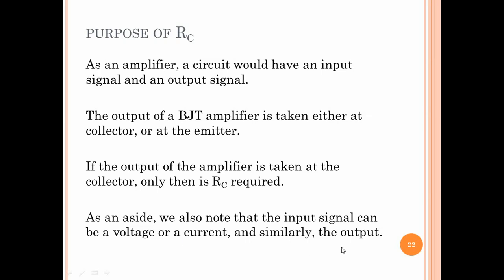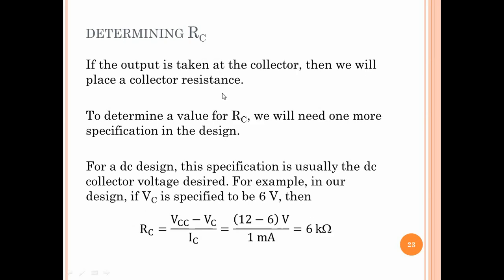Okay, so suppose we say that, well, the output is taken at the collector, then we will place a collector resistance. So now we have one more degree of freedom, and if we have to find the value of RC, we would have to be given one more specification or a condition. Usually for a DC design, this specification is the DC collector voltage desired in the circuit.